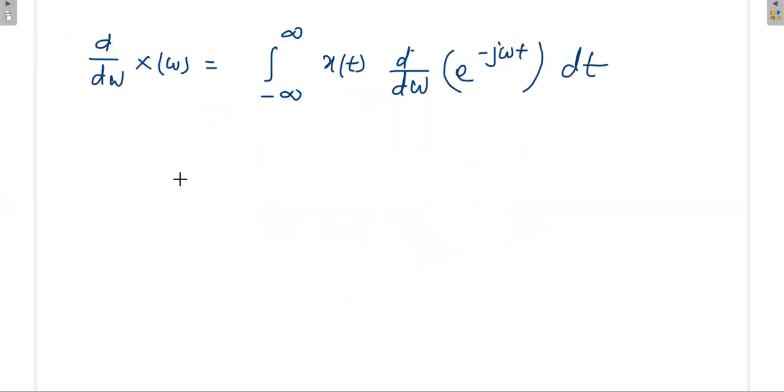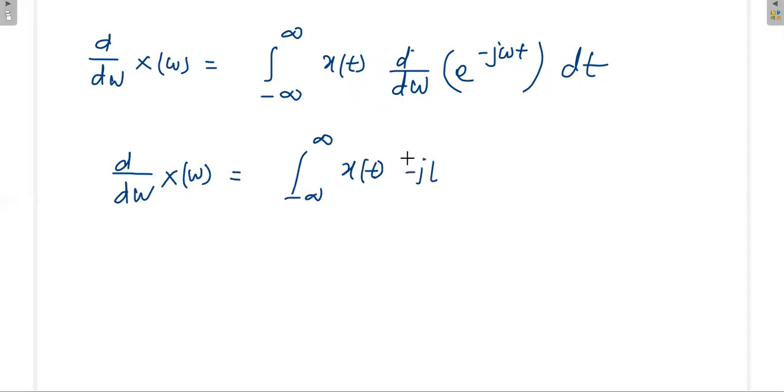Then if you proceed further, d by d omega x of omega, the differentiation of e power minus j omega t with respect to omega will give minus j t e power minus j omega t dt.